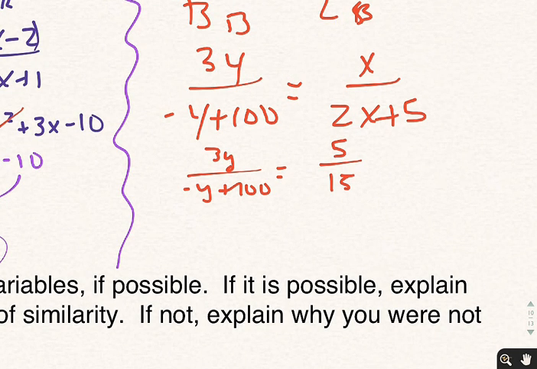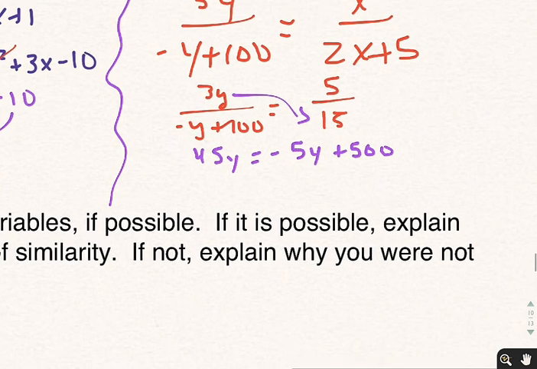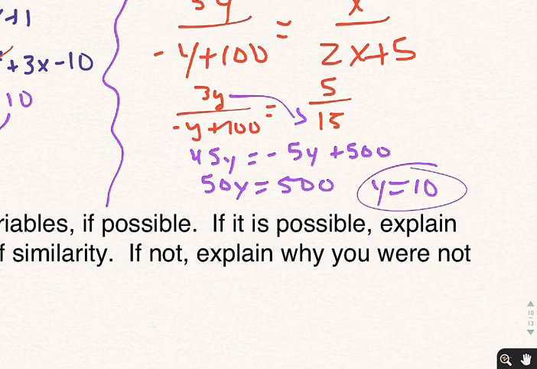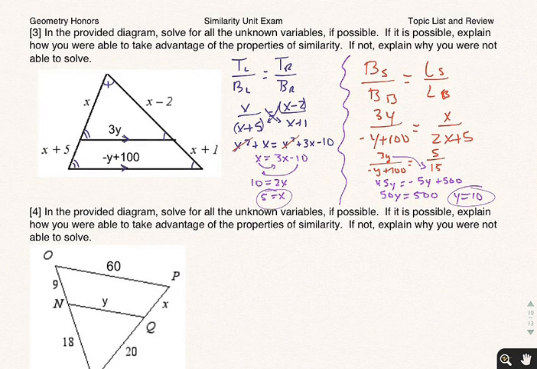So 3y times 15 should be 45y, and that's minus 5y plus 500. Big value. Okay, so move the 5y over, gives me 50y equals 500. That means y has to be 10. All right, not so bad. Again, once we establish similarity, we're off and running, and that's what we need.